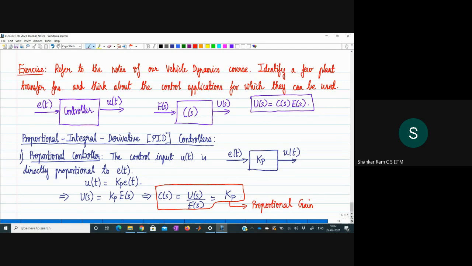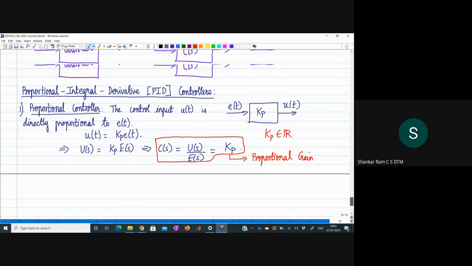So when we look at the proportional controller, the only parameter which plays a role is this Kp, and Kp is a real number. It is a real scalar, and that's what is called the proportional gain. All right. So this is a very simple controller.